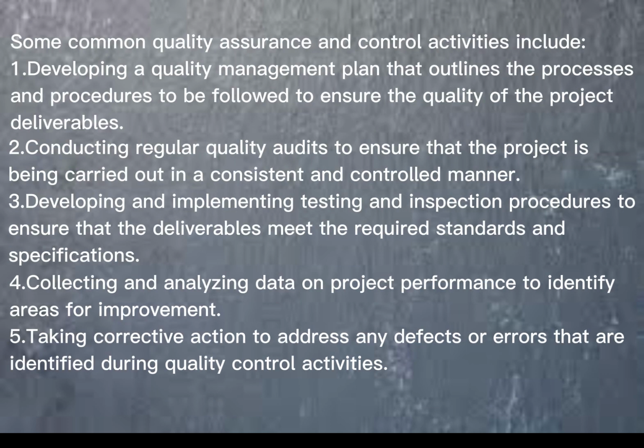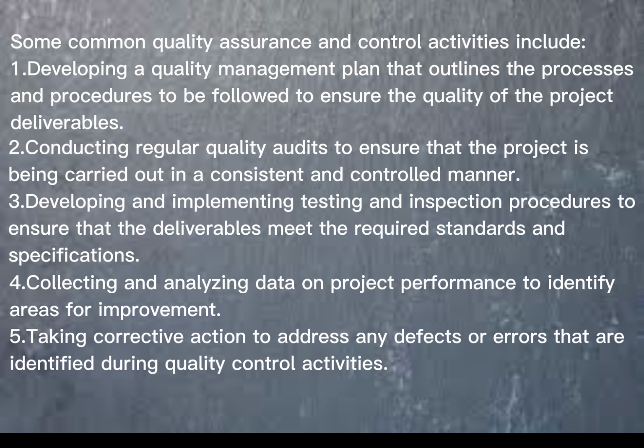Some common quality assurance and control activities include: 1. Developing a quality management plan that outlines the processes and procedures to be followed to ensure the quality of the project deliverables. 2. Conducting regular quality audits to ensure that the project is being carried out in a consistent and controlled manner. 3.